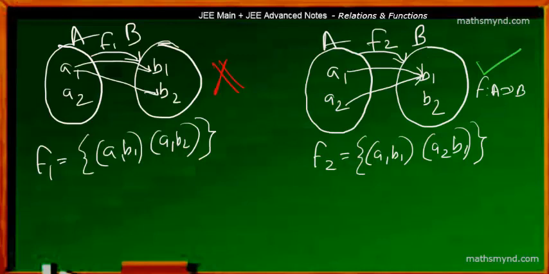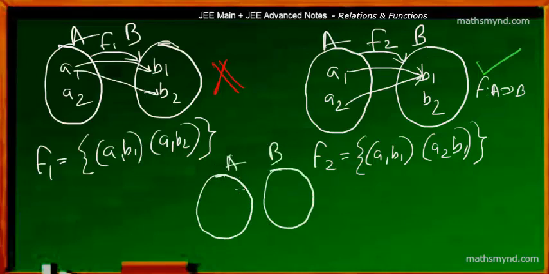Now let us look at another case. Let's take sets A and B and function F3, with A1, A2 and B1, B2. The interesting thing is that B2 is in reverse order.